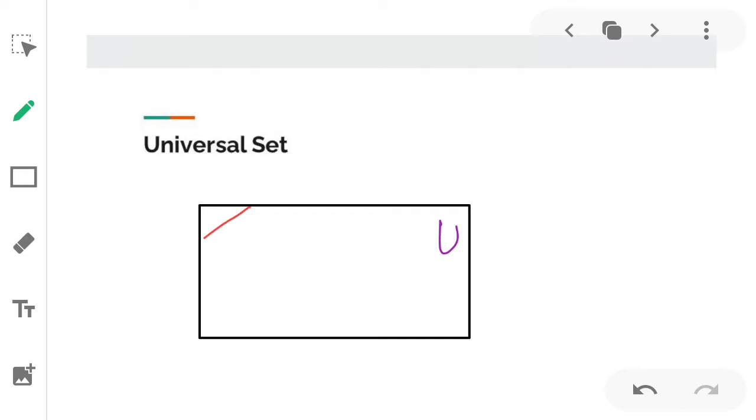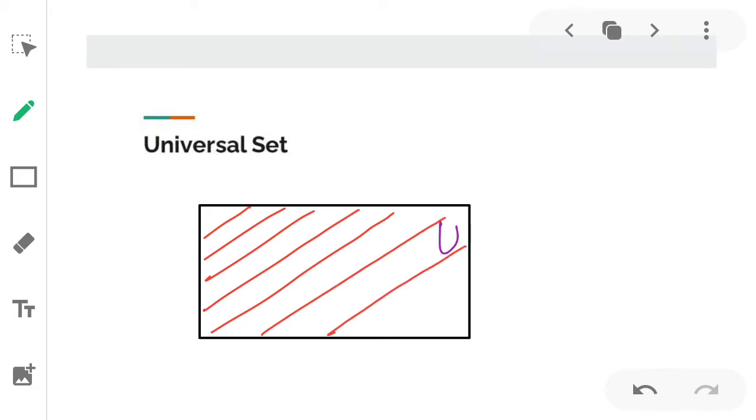I will highlight the elements of the universal set this way. So this red portion will denote the elements of the universal set. This is the simple Venn diagram for a universal set, in which the rectangle represents the universal set, we have written U there, and the red lines denote the elements of that universal set.